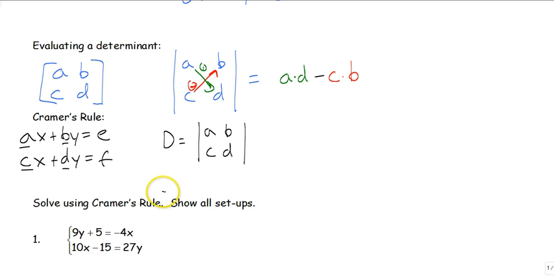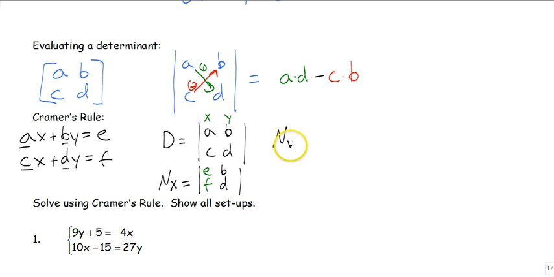The next thing we do is we find the N sub x determinant. Now notice I said N sub x. Remember, these are the ones associated with the x values, and these are the ones associated with the y values. Instead of the x values, we are subbing in e and f in this one, so the numbers on the side, and then we're going to do b and d again.